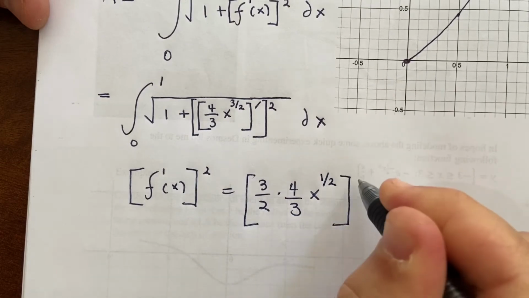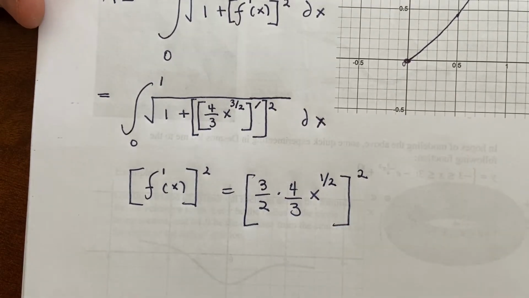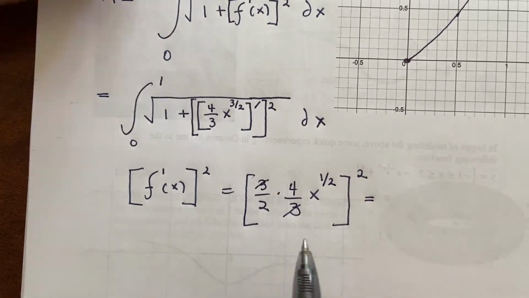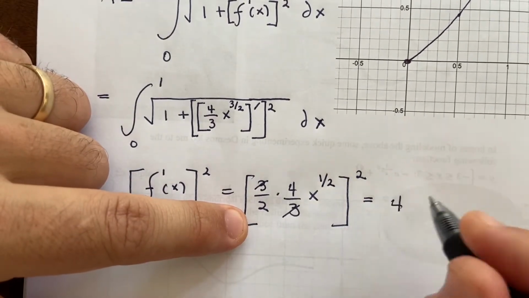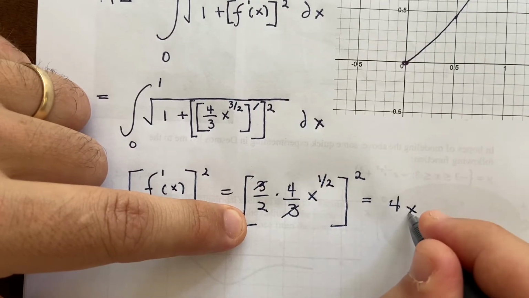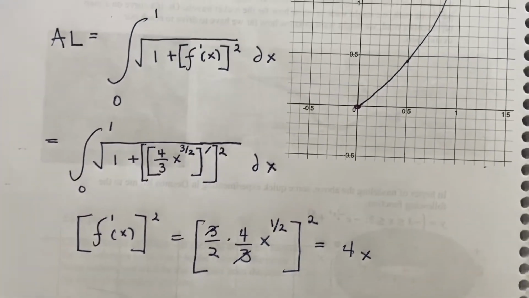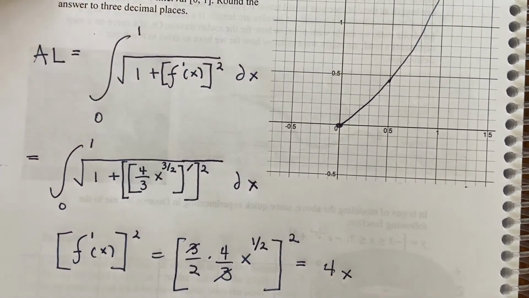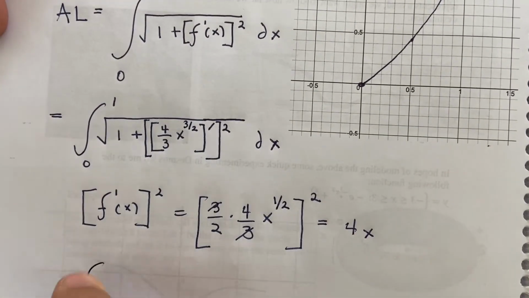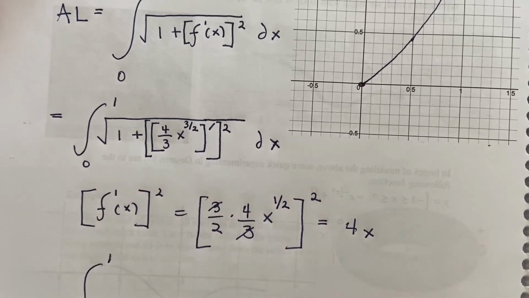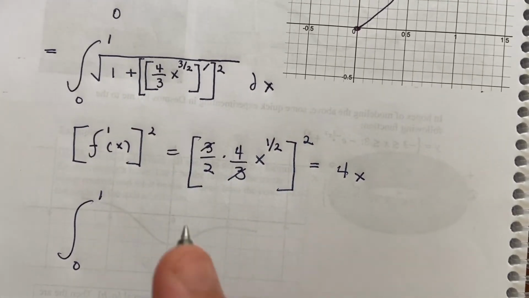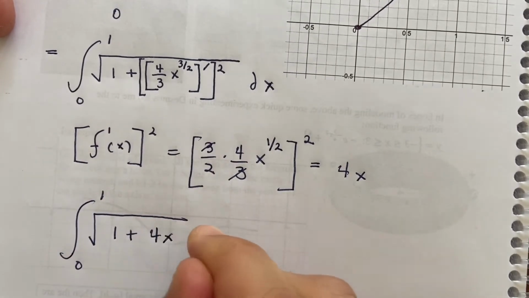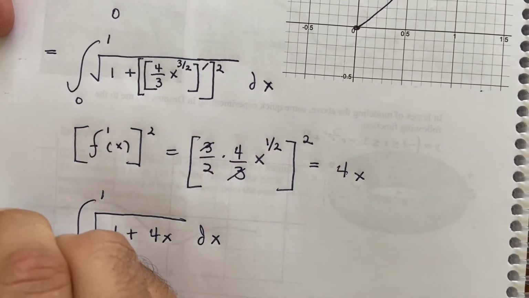And then I need to square this, right? So squaring that, well, this cancels, I get a 2. 2 squared is 4. x to the 1/2 squared is just x. So 4x is the only thing that comes in right here. So we'll have from 0 to 1 the square root of 1 plus 4x dx. This will be the arc length.